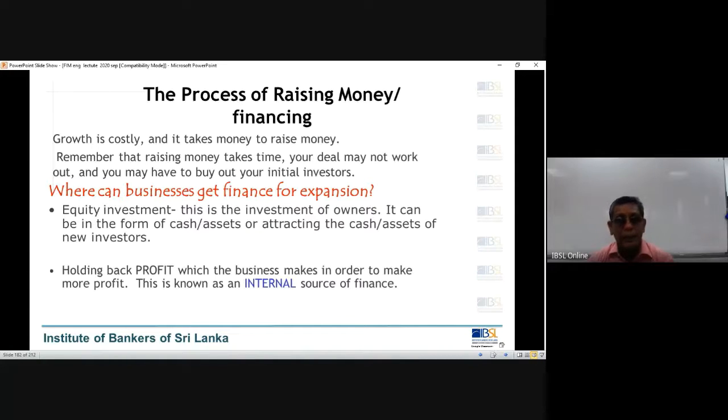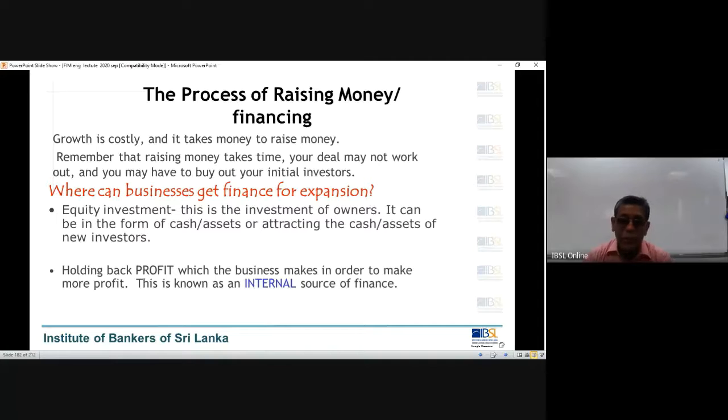The second one: you may have some profits you earned during the previous year, so you can make use of these profits, which financially we call retained profit. You make use of some of the profit you have earned earlier for business expansion purposes.